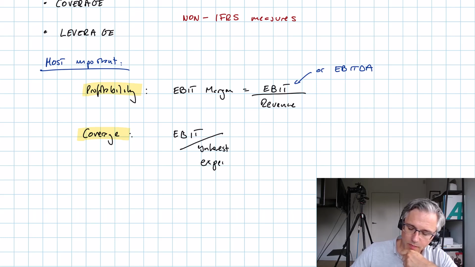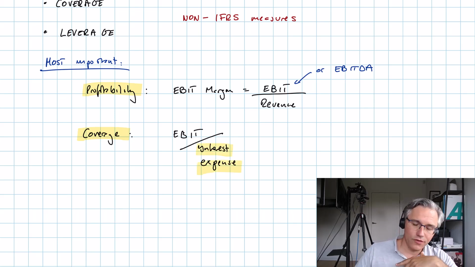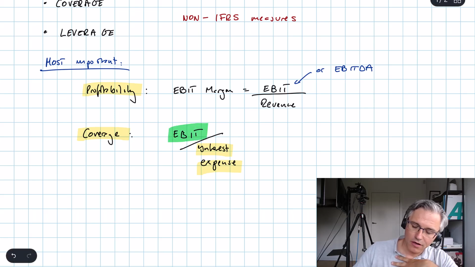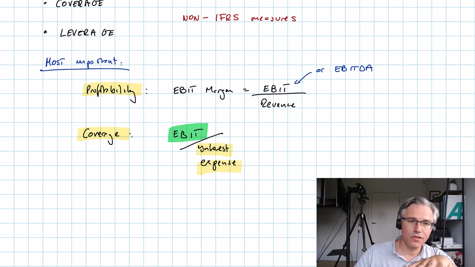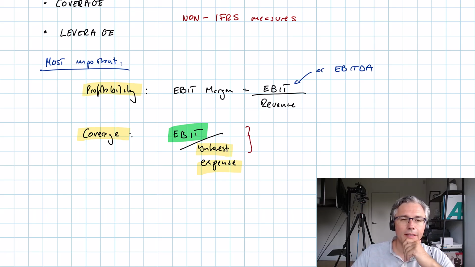So to what extent is interest expense covered by our earnings before interest and taxes? Obviously, EBIT is calculated before the deduction of interest expense, so this is, I guess, logically sensible to measure things this way.